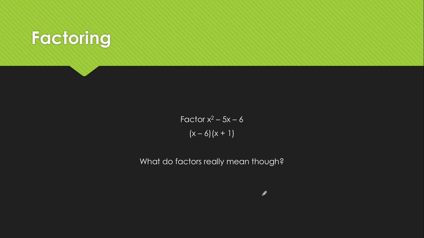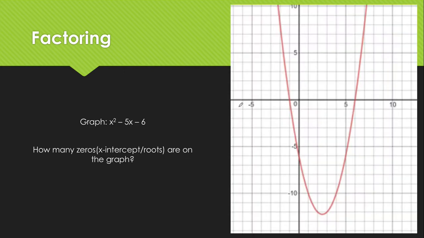So just a review from last class, when we factored, what did we do with our factors and how did they relate to our zeros? Well, we know that our factors to this was x minus 6 and x plus 1. And we noticed that the solutions, or the x-intercepts, are x equals negative 1 and x equals positive 6.